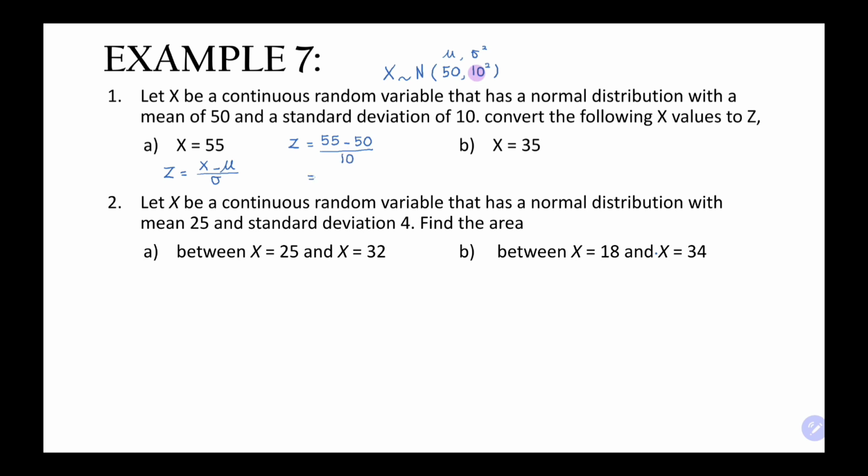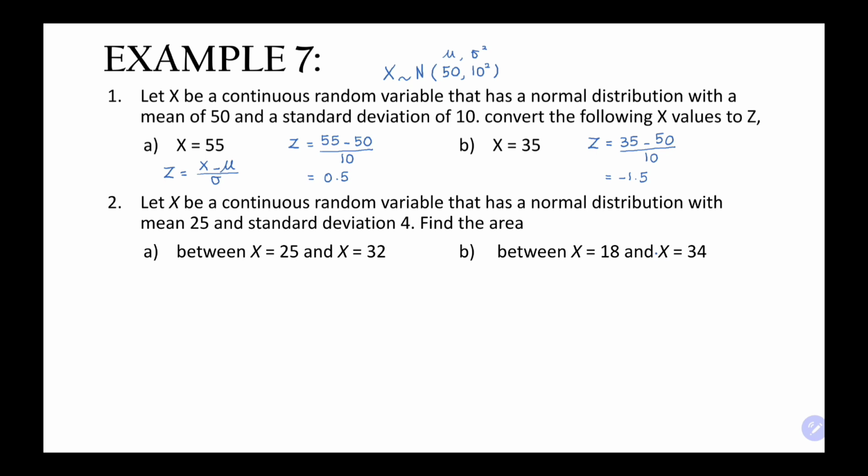Then we solve, we get 0.5. Next B, X equals to 35. So we standardize. Z equals to 35 minus mean 50 divided by standard deviation 10. Then we solve, we get negative 1.5.